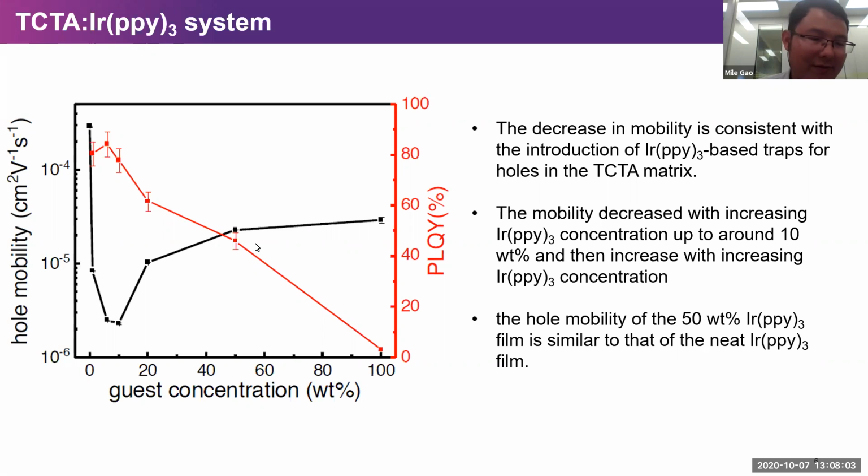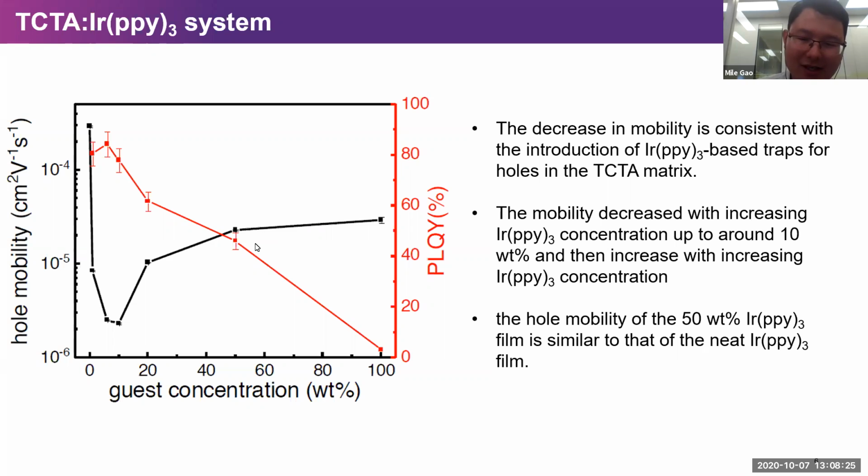At around 10%, it reaches its minimum, and then in turn, it starts to increase with the increasing of RP concentration. And finally, at 50%, we can see that it's pretty close to the neat RP film.